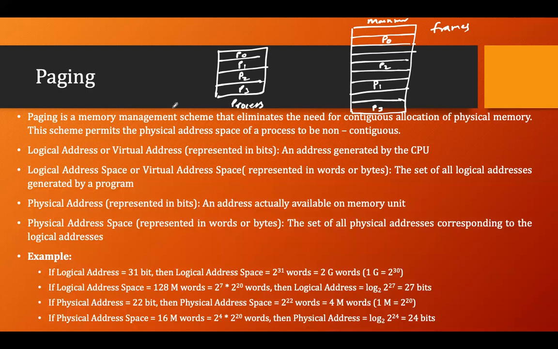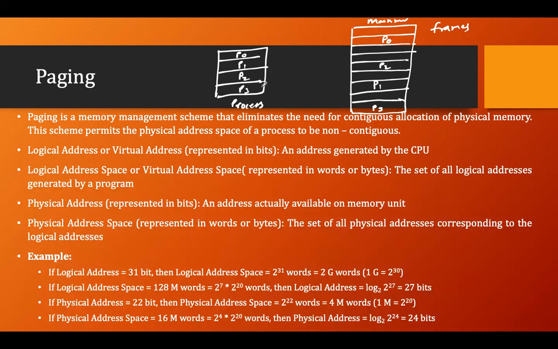Now this is called the paging technique. Here the process is divided into a number of pages, and the main memory is divided into a number of frames. We map these pages into the frames. The page size and the frame size would be the same. Why would it be the same?